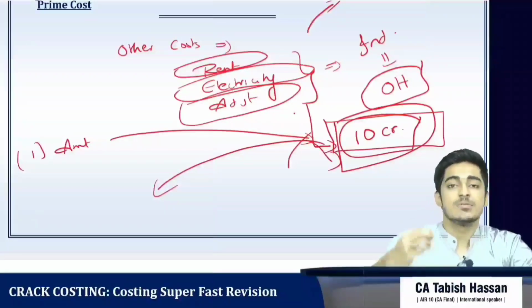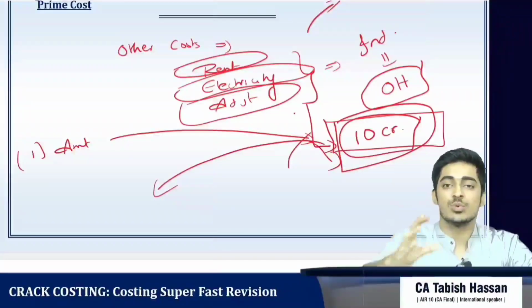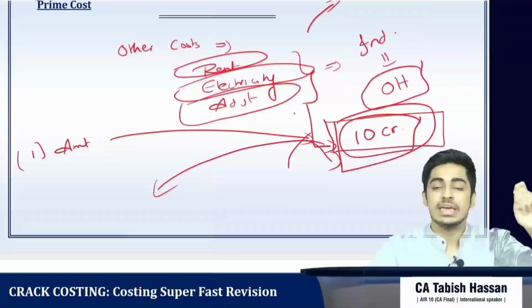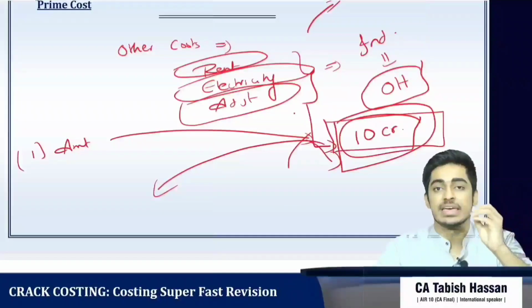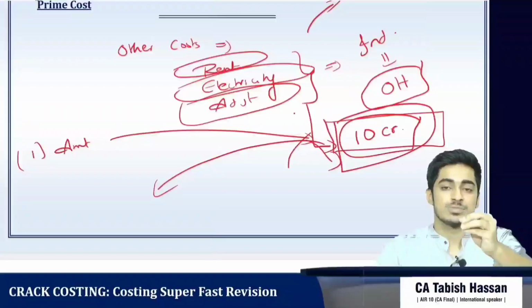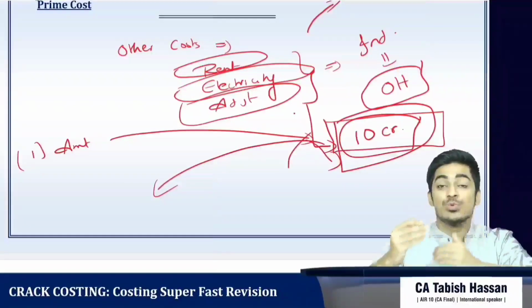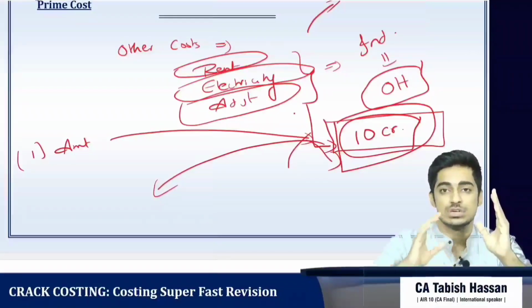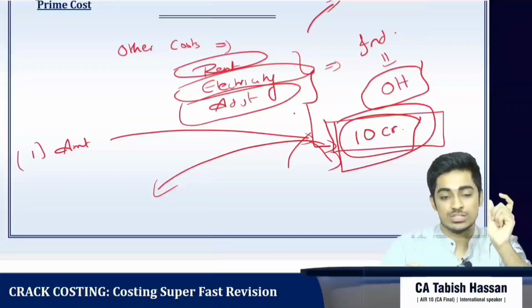Say for example, we thought the rent would be 1 lakh per month into 12 months, it's 12 lakhs. But in between the year, we had to get another building for rent, wherein we are paying extra 75,000. So now it comes to 1.75 lakh into 12 months, which approximately comes somewhere to 21 lakhs. So the amount varies, and on the beginning of the year, we are not in a position to accurately tell what the total amount of overheads would be.